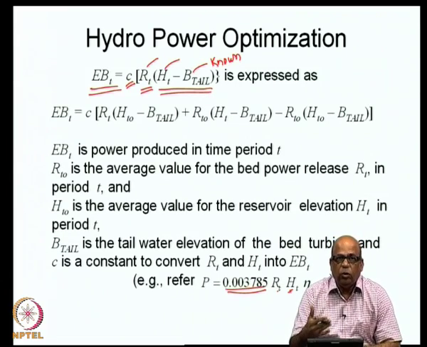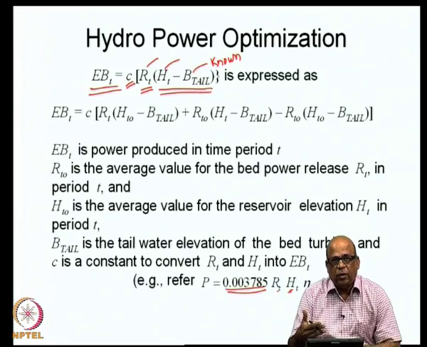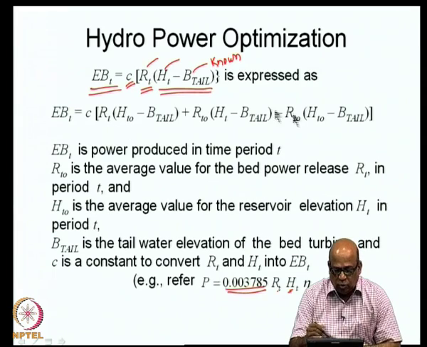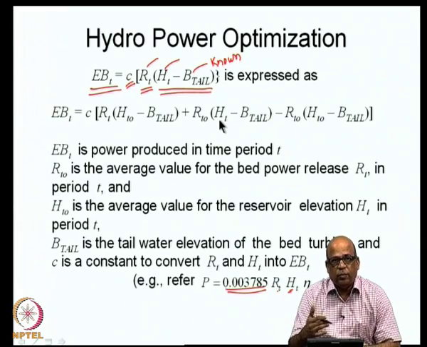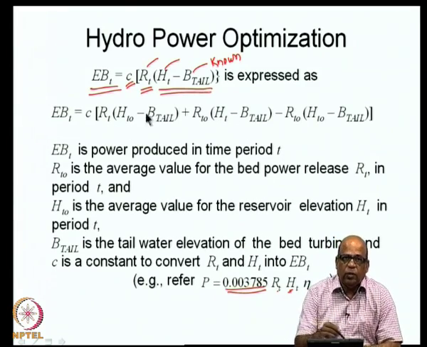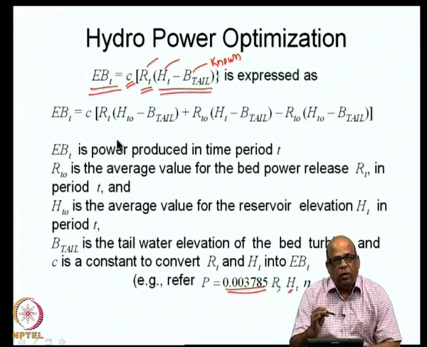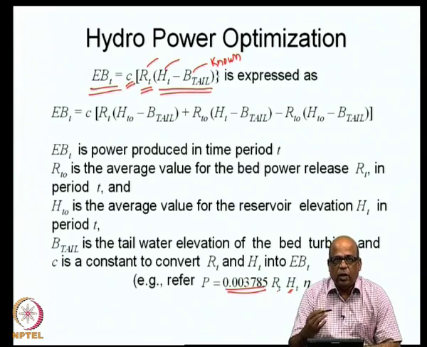When we solve the model, I will write the complete model presently, you will get certain values of RT as well as certain values of HT coming out as decision variables. Then you need to check whether this expression is in fact satisfied for the particular decision variables that we get out of the optimization.